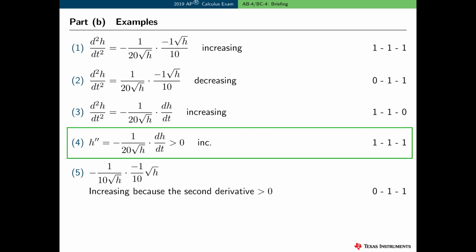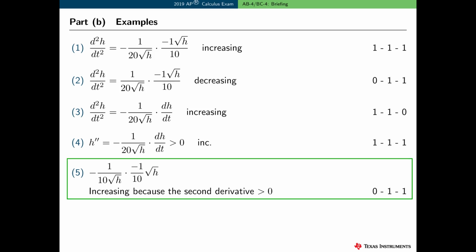In example 4, the student has provided that extra work to convince us that they know d squared h over dt squared is positive. So this earns 1, 1, 1. And in example 5, the student does not earn the power rule point, but they do earn the chain rule point.